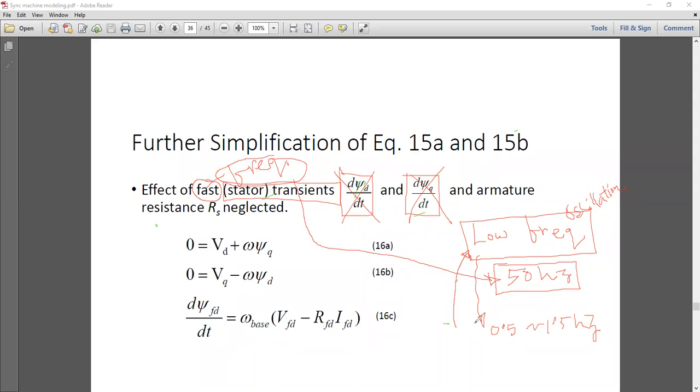Because we are interested in a different frequency zone, we want to see the dynamics of the machine in a different zone than these two, so we are going to neglect these dynamics.